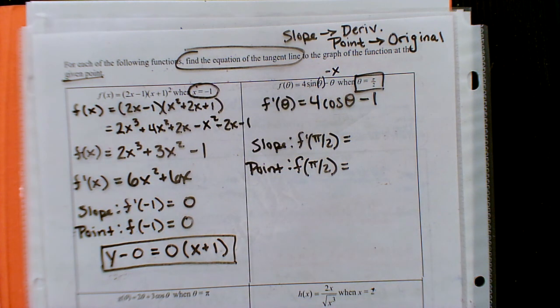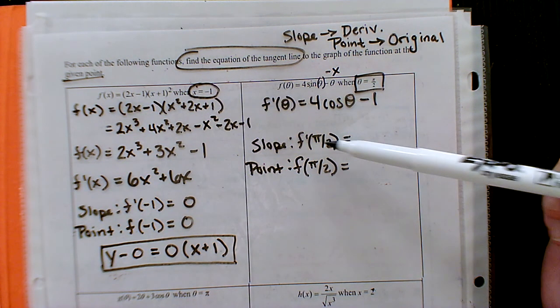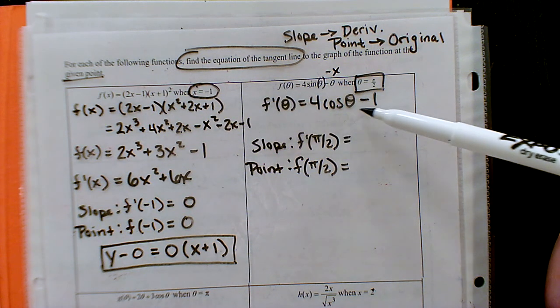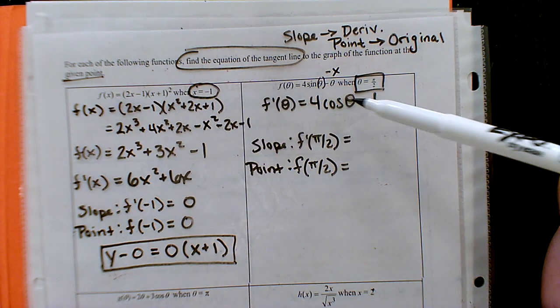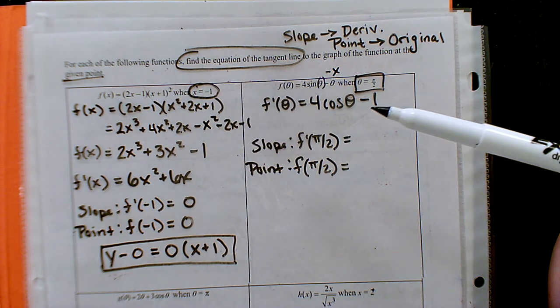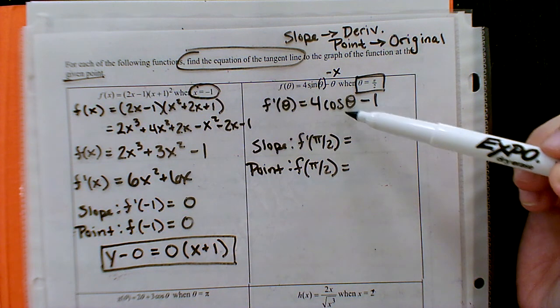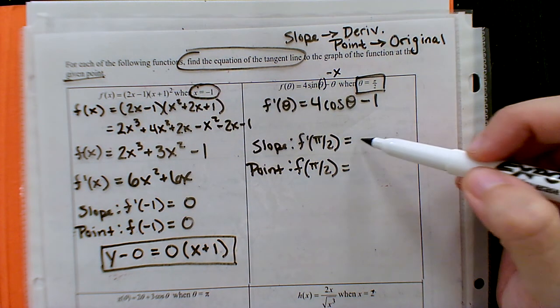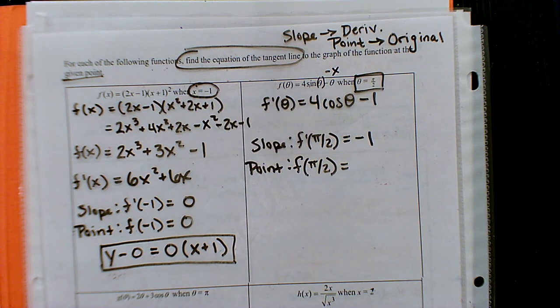Unit circle time, pi over 2 is a location we have to know. If we plug pi over 2 into the derivative, we would have cosine of pi over 2, which is 0, right? Pi over 2 is the very top spot. So 4 times 0 is 0, minus 1 would leave us with a -1.